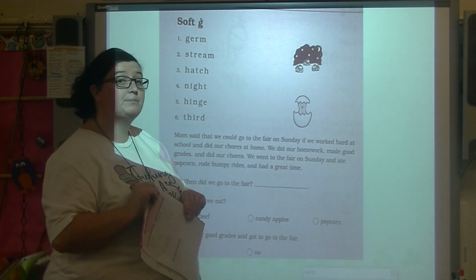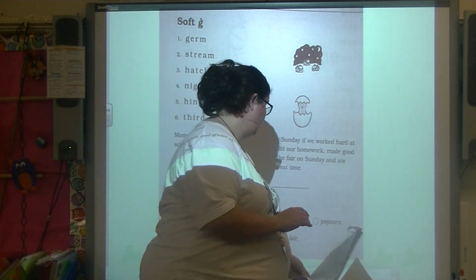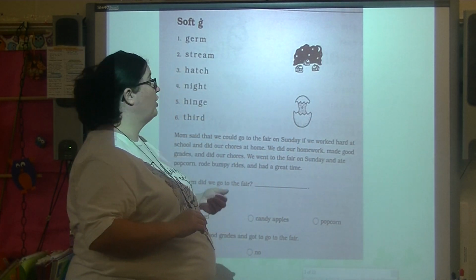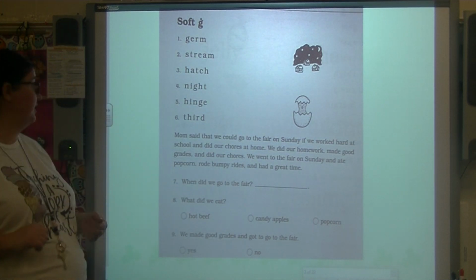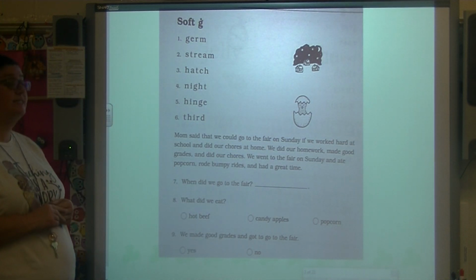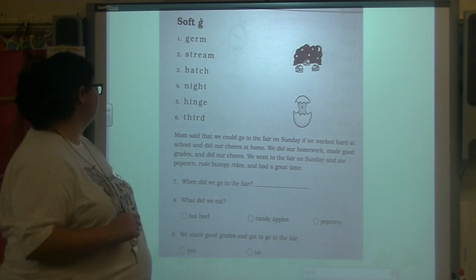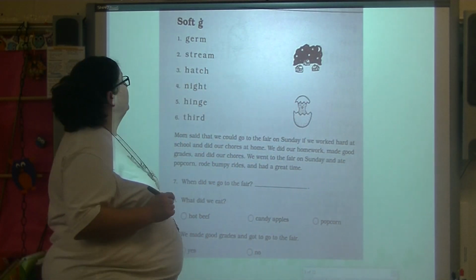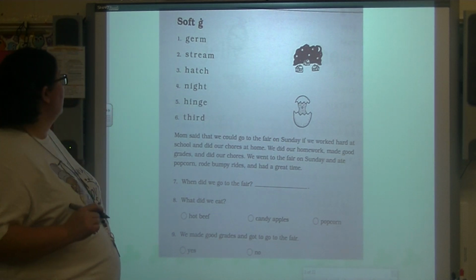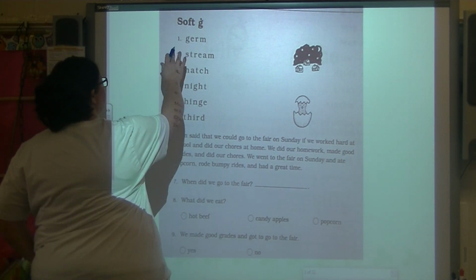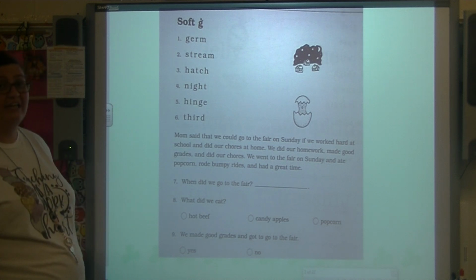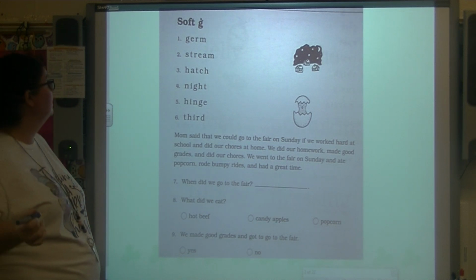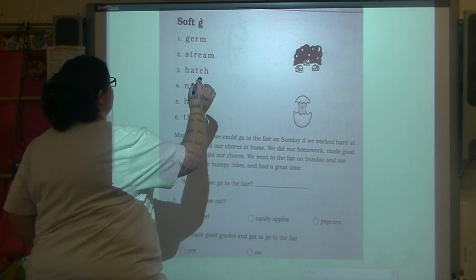All right, we're going to do this part together. We're going to code and read the words, match up the pictures. We'll read and do the bottom together, and then the back is independent practice. All right, number 1. We have a G. Do we have E, I, or Y near it? Yes, we do.